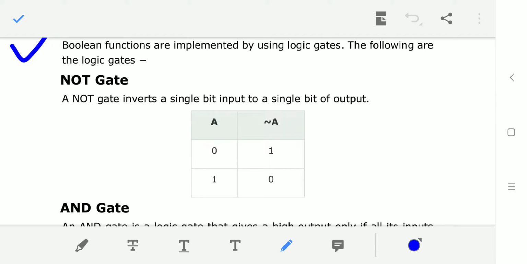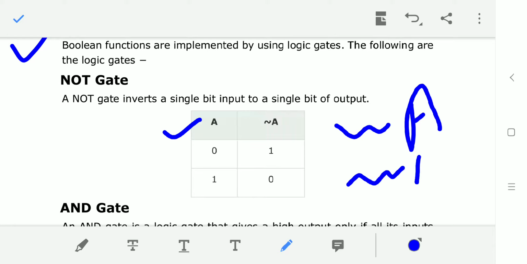If the input is A, then the NOT gate output will be negative A, and if B, the NOT gate output is negative B. If the value of A is 0, then the NOT gate value is 1, meaning opposite to the A value. And if A is 1, then the opposite will be 0, meaning the NOT gate output will be 0.